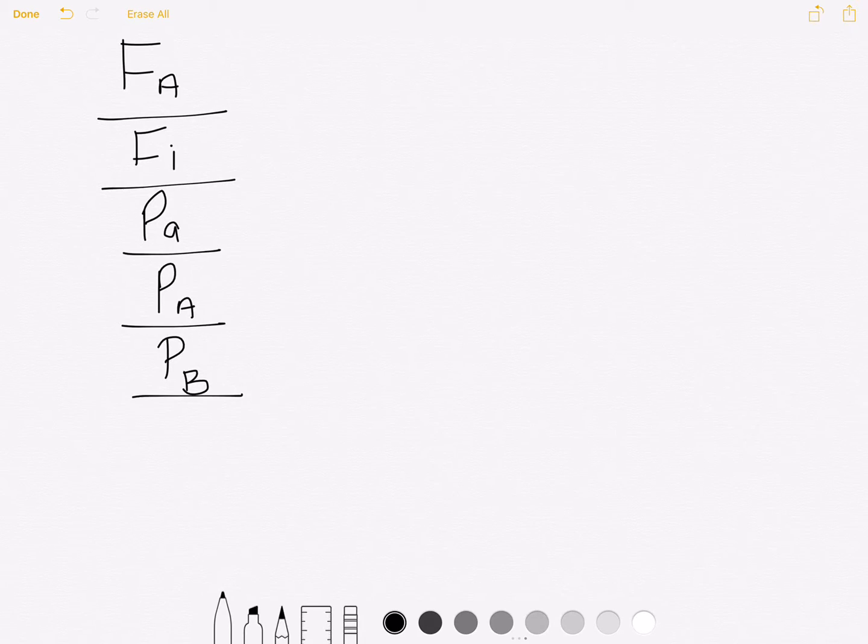First of all, what is FA? FA is the fraction of the inhaled anesthetic in the alveolar gas. In other words, if alveolar gas is 10 parts and the anesthetic is 1 out of those 10 parts, the fraction would be 10%, right?